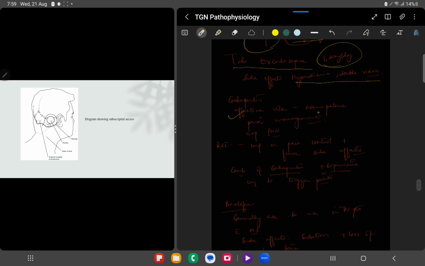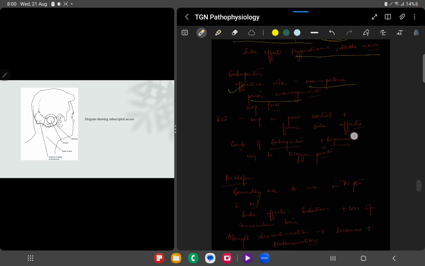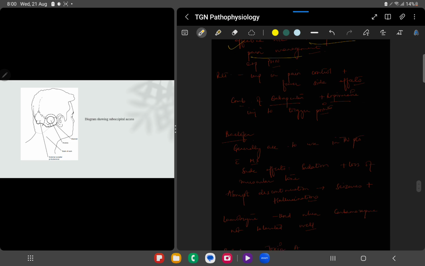Gabapentin has an effective role in neuropathic pain management. An RCT stated that it is important in pain control, causing fewer side effects. The combination of gabapentin and ropivacaine is used when there is injury to the trigger points.